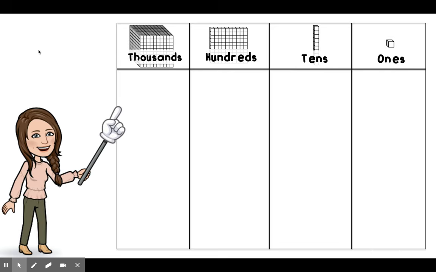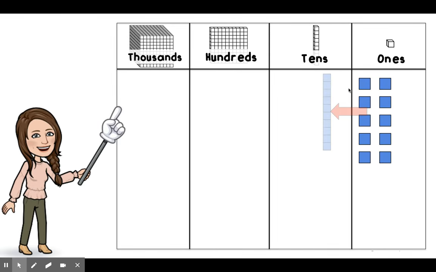Here's our place value chart. You'll notice we start on the far right with ones, go to tens next, then hundreds, and then thousands. They're in this order for a reason. Let's think back to what we just talked about. Remember, we start here with the ones. When we get 10 ones, then we can make one of the next unit, which is 10.